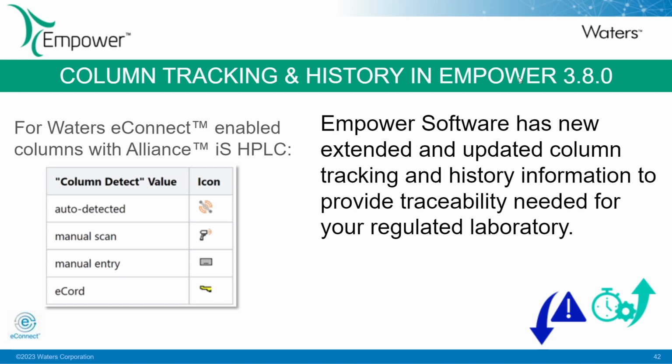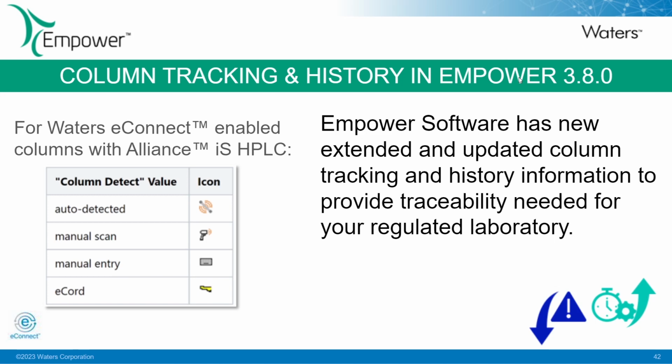Now we fast forward to this new instrument that we released, the Alliance iS, and we were looking for a different type of technology. And what we've come up with is RFID. So we have these eConnect columns that have a tag on them. You put the column in the column oven, you close the door. Through RFID technology, the information on the tag is read.